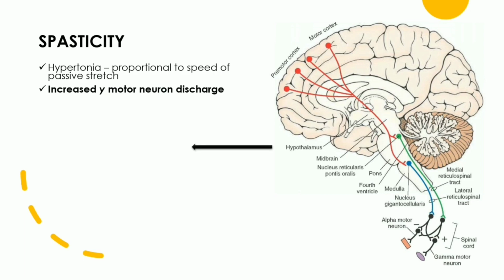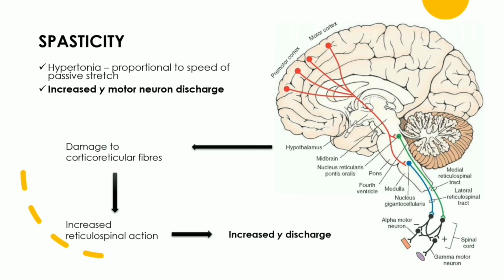So when there is damage to the cortico-reticular fibers, what happens? They normally inhibit the reticulospinal tract. So the inhibition is lost, and when inhibition goes, the action of the reticulospinal tracts increases. That stimulates the gamma motor neurons more, and as they are stimulated more, the gamma discharge increases. So there is an increased gamma discharge because of the loss of inhibitory action. When there is an increased gamma discharge, what happens? The muscle spindle becomes very sensitive and the tone of the muscle is increased.